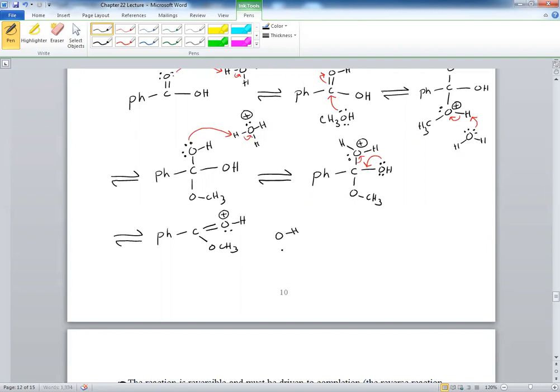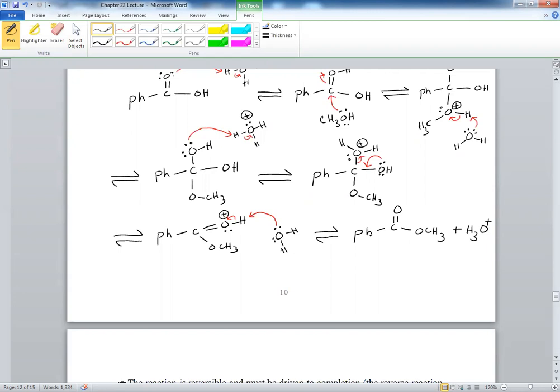Here's water again to regenerate the acid as a catalyst. And here's the product. Very well. So that's Fischer esterification.